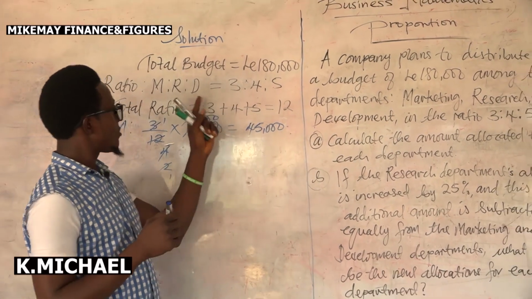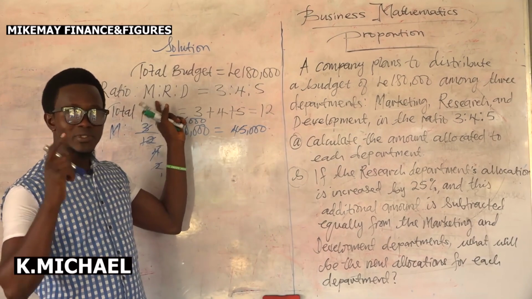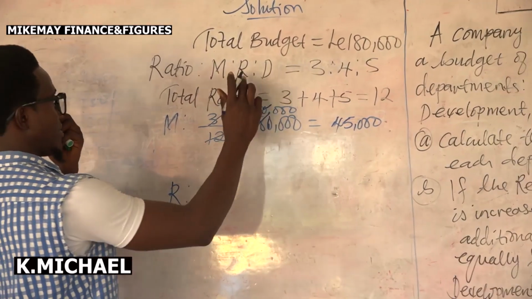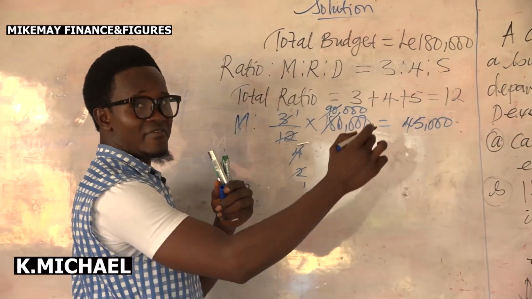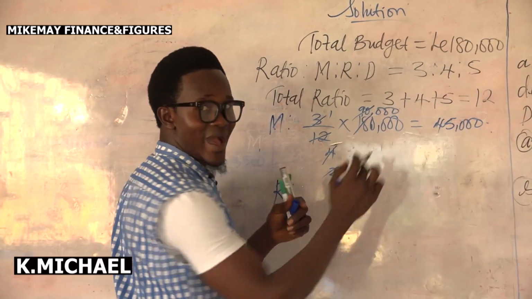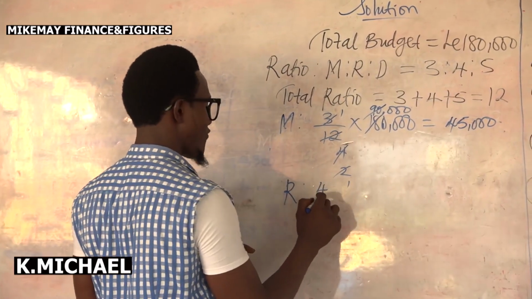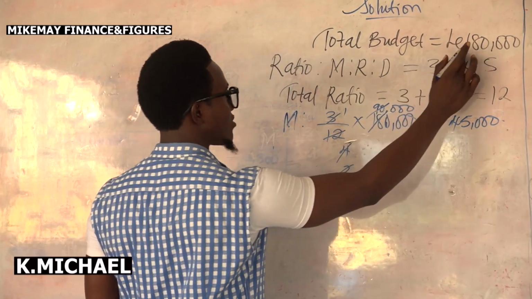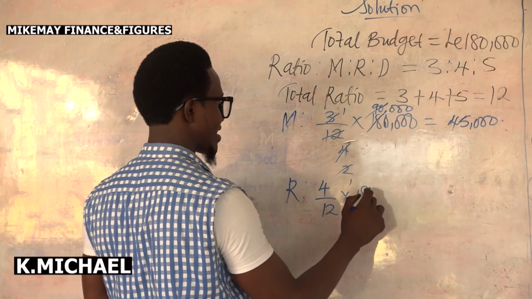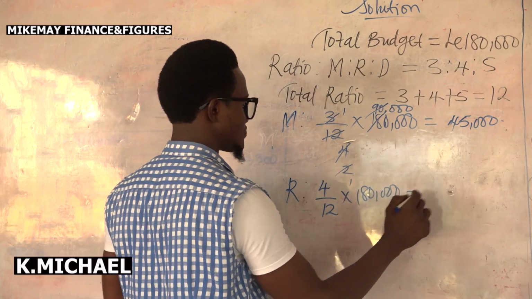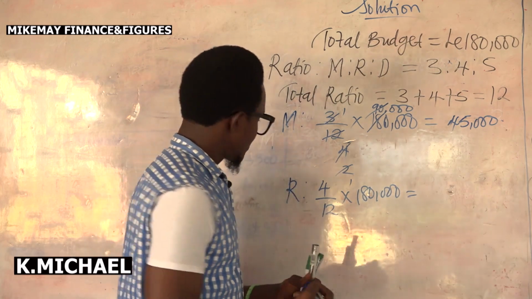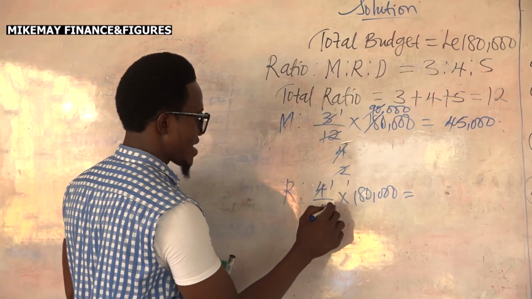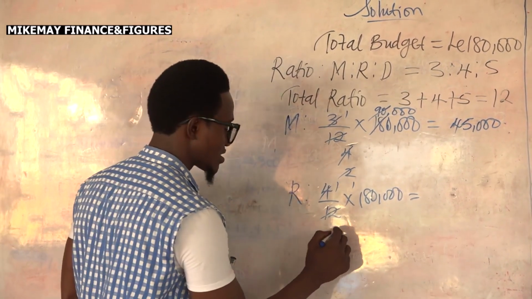Let's find out how much is to be allocated to research department. Now, research is R. Research, according to the order of appearance, is second, and the second number is 4. So we are using 4 and divide by the total 12 and multiply by the total budget, which is 180,000. Now, the same simple cancellation. 4 into 1 and into 12, of course, is 3.